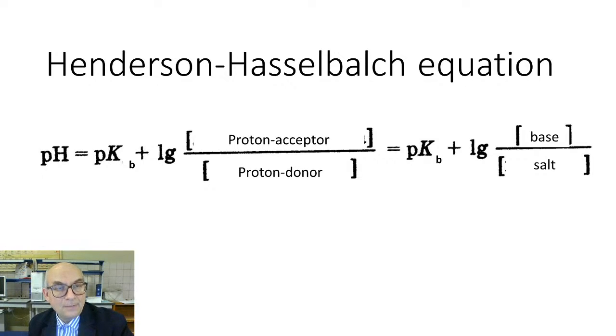Just the same. pH is the sum of two contributions, where the first contribution is the negative of the logarithm of the base ionization constant, and the second contribution is the logarithm of the ratio base by salt. pKb for aqueous ammonia is 9.25.